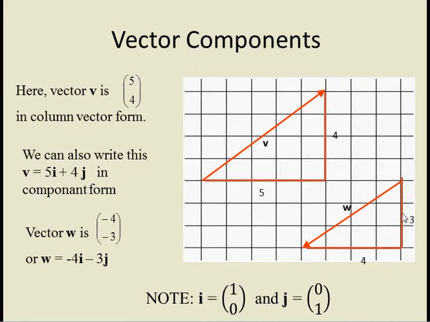Vector w over here, instead of (-4, -3), we can write as -4i minus 3j. And that's just a different notation. Note that i is (1, 0) and j is (0, 1). If we had 3 dimensions, we have k as the next little vector, and it would be (0, 0, 1).